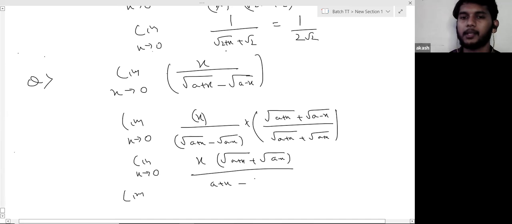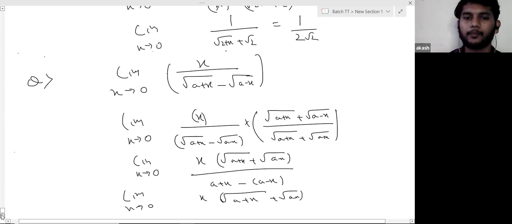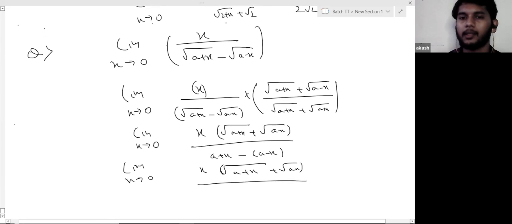This is a plus x minus a minus x. So we can see here that this is limit x tending to 0, x into root of a plus x plus root of a minus x. a and a will be cancelled and we'll have 2x here. So this is cancelled. Put x equals to 0. So root 2a plus root 2a, 2 root 2a, 2 and 2 will be cancelled. Root a is the answer.